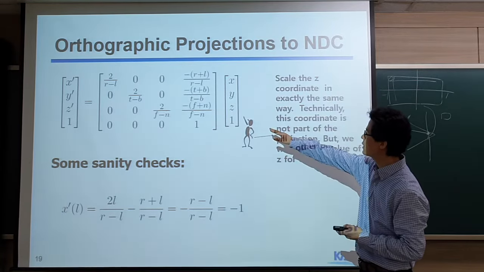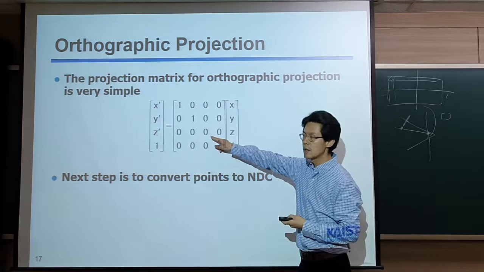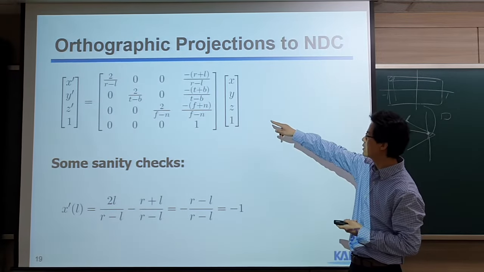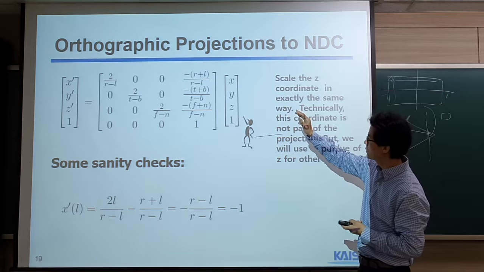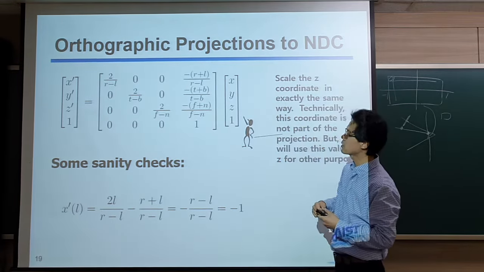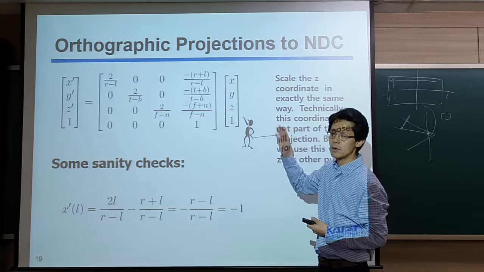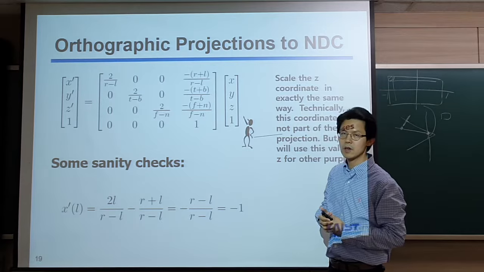But here you can notice that for the orthographic projection, before, we canceled out the Z component, but we didn't cancel out the Z component here. We maintain the Z component, which is not a part of the orthographic projection, but we will use it later for visibility determination.